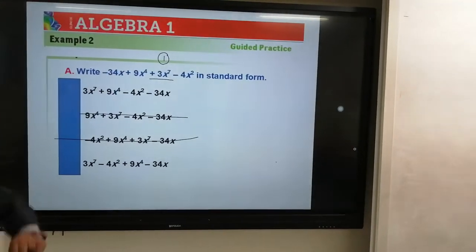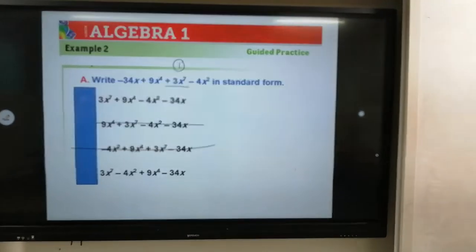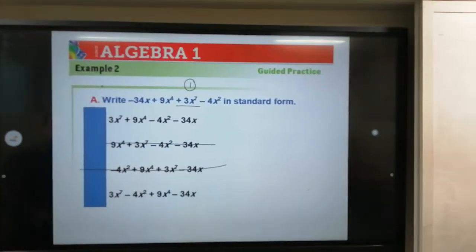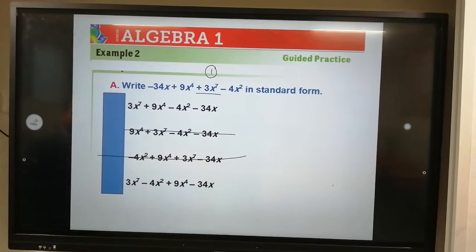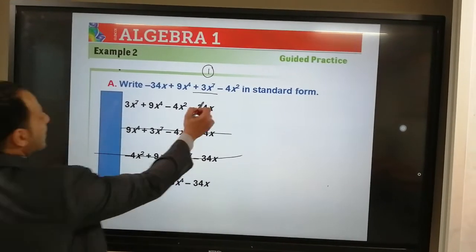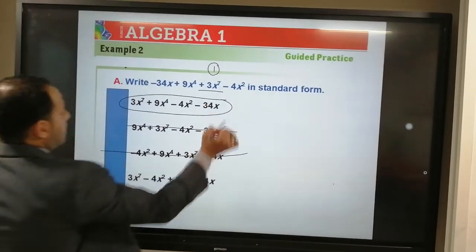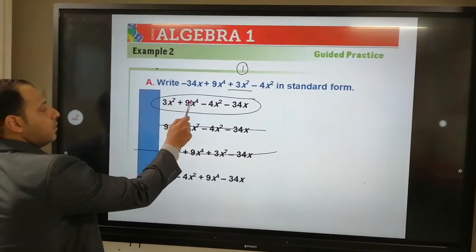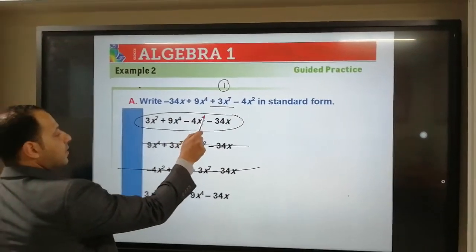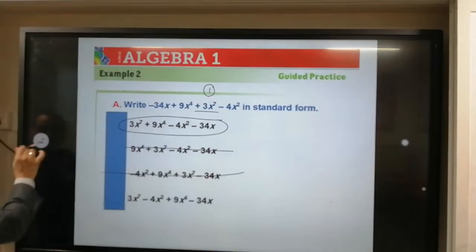So I choose the first or the last? Excellent, the first. So the standard form, as was said, is this, because we have degree 7, then degree 4, then degree 2, and then degree 1.